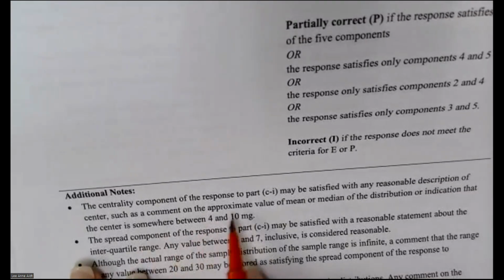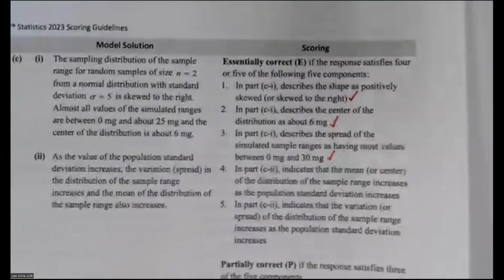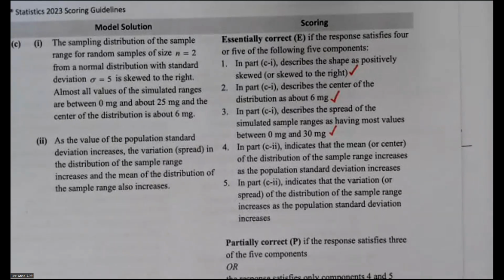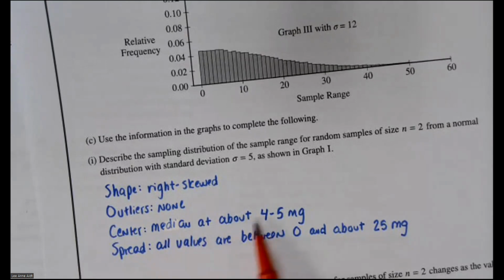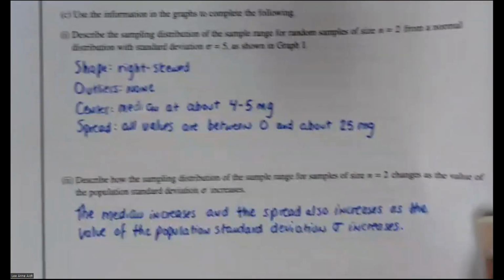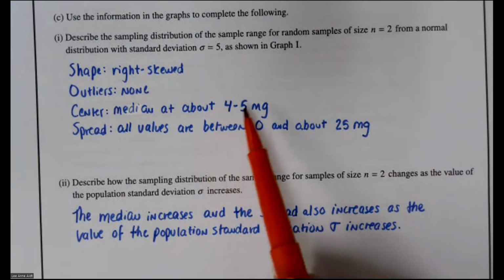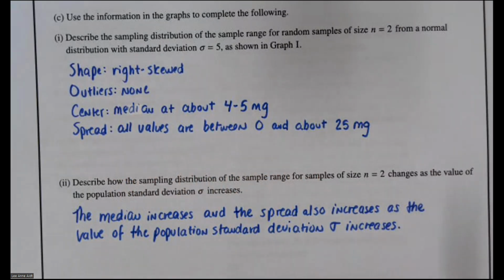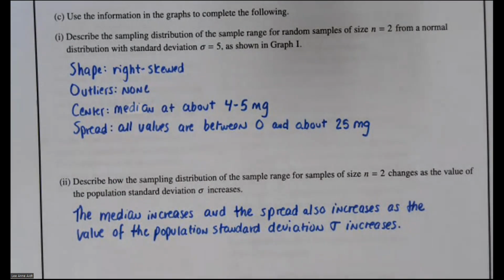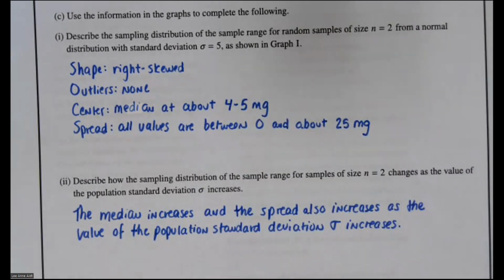Oh, it says somewhere between 4 and 10 down here. Okay, so right skewed, no outliers. I put my median was about 4 or 5. It says you can put anything here from 4 to 10. And then I said all values are between 0 and 25. Remember that you're looking at graph 1. Okay, just pause it. We'll continue tomorrow.